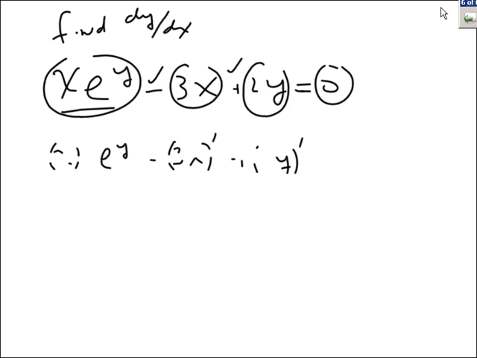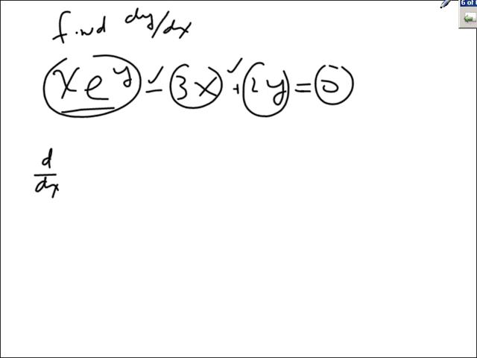So, why didn't this erase well? Okay, so let's try this again. It's the derivative with respect to x of x times e to the y, the second factor, excuse me.